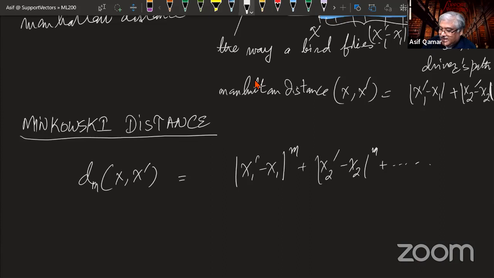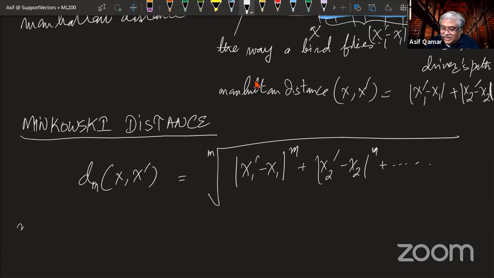You can go to as many terms as you want, and you take the mth root of it. So this is an interesting expression. Let us break it up and see what it is trying to tell us.